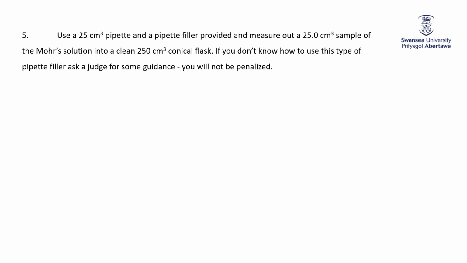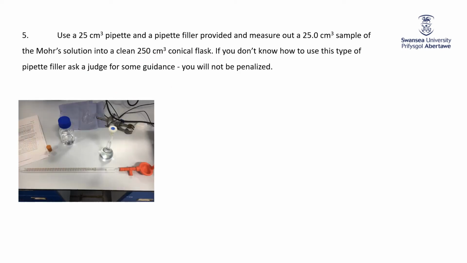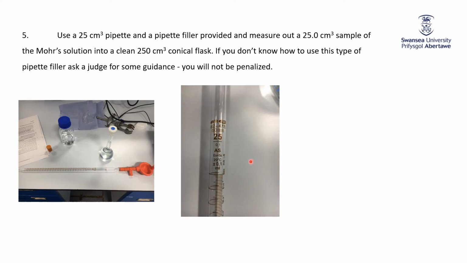Next step, we're going to use a 25 cubic centimeters pipette and a pipette filler provided, measure out 25 cubic centimeter sample of the Mohr's solution into a clean 250 cubic centimeter conical flask. So here again, going to my general picture, this is a 25 cubic centimeter pipette that has a pipette filler on the top of it. If I look more closely at my pipette filler, there's the 25 cubic centimeters.